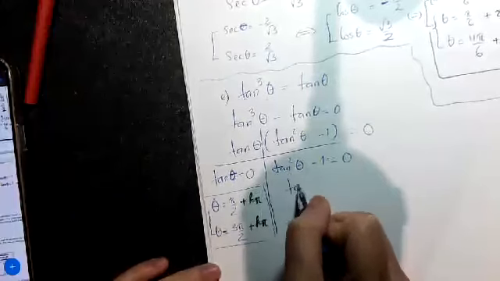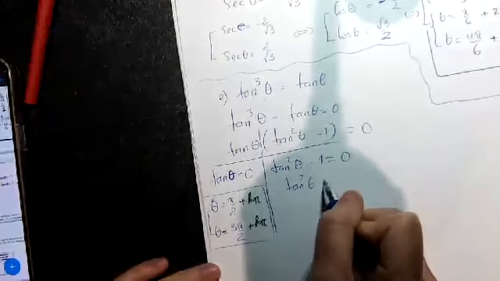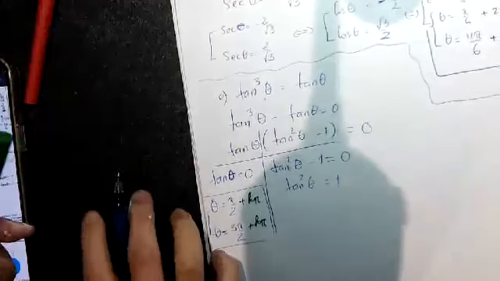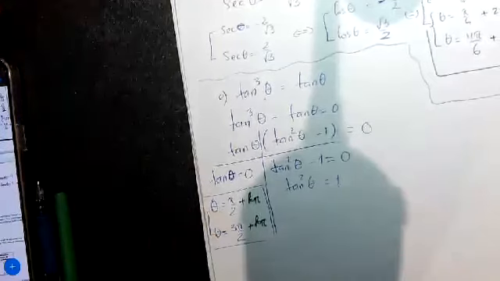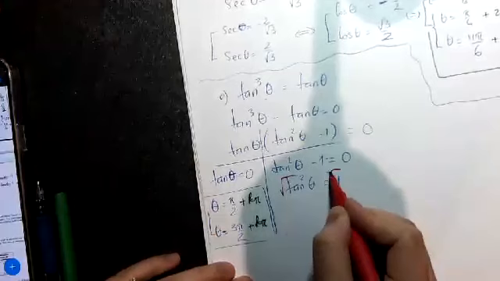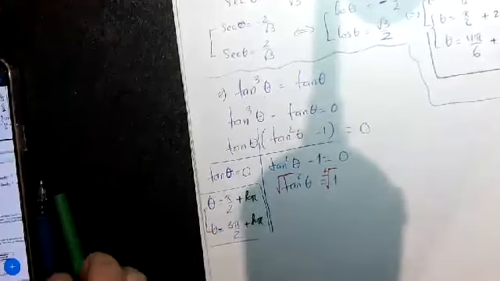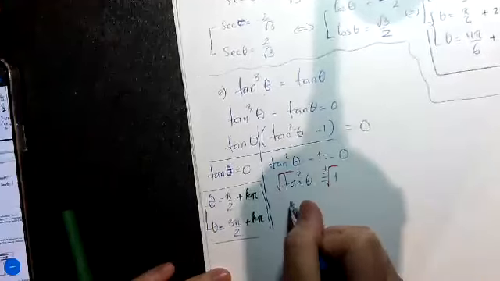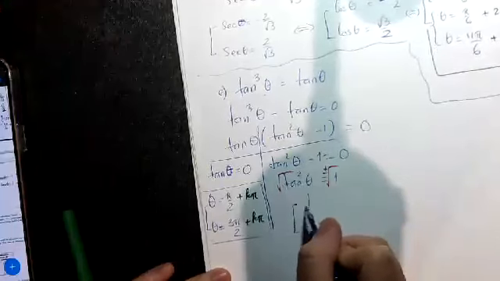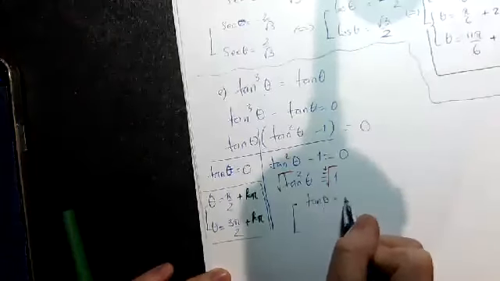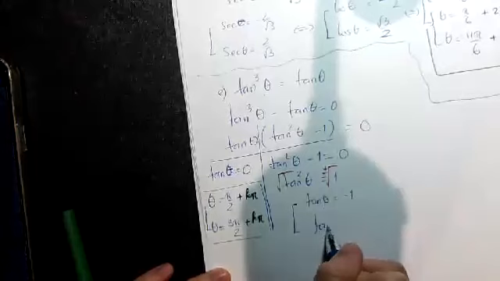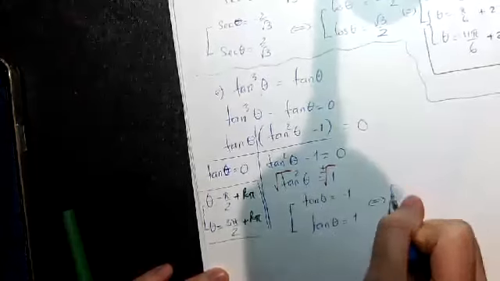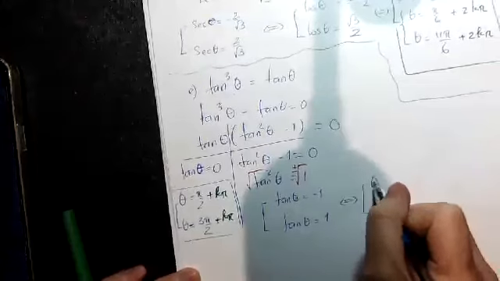Over here, we have tangent squared equals 1. Now you can take a square root. So that's just two scenarios: I have tangent theta equals 1, or tangent theta equals negative 1.